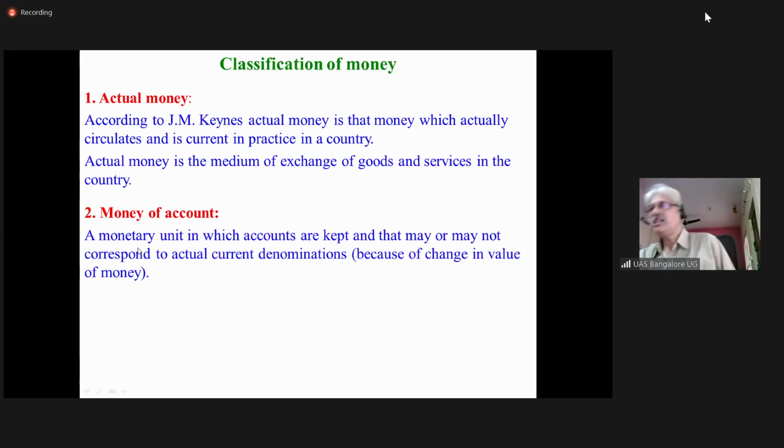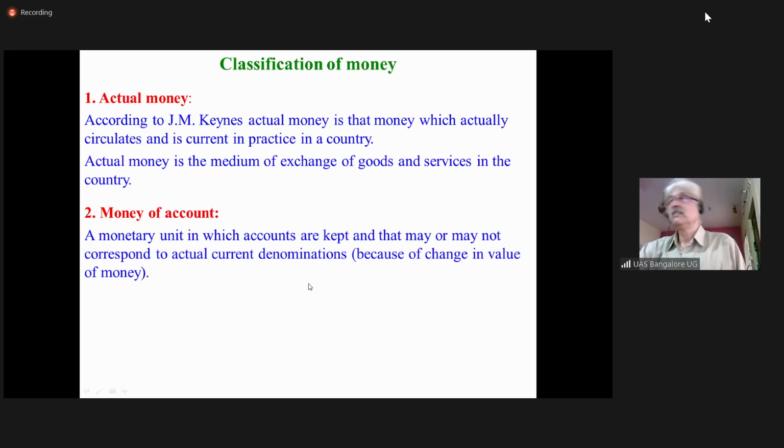Okay, a monetary unit in which accounts are kept and that may or may not correspond to actual denominations. Okay, now our actual current denominations are 10 rupees notes, 20 rupees notes, 50 rupees notes, 100 rupees, 200 rupees, 500 rupees, and 2000 rupees. Okay, these are the actual current denominations.